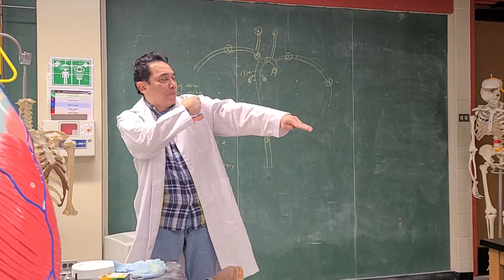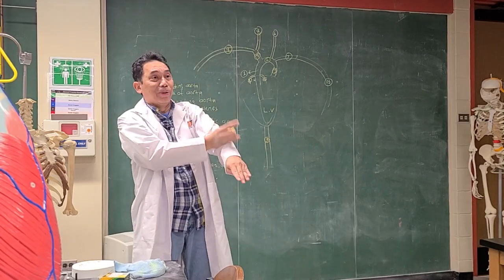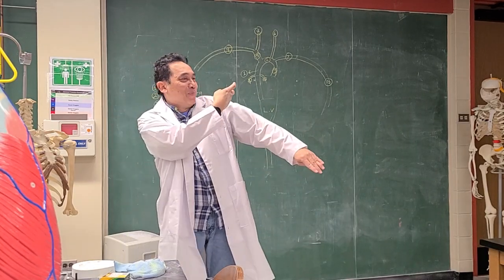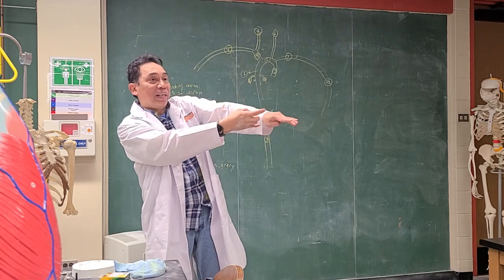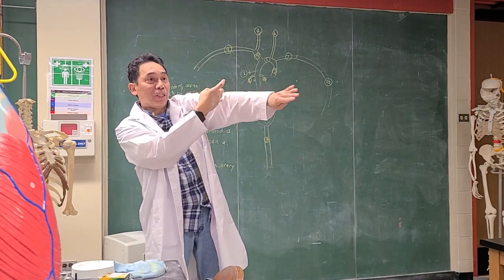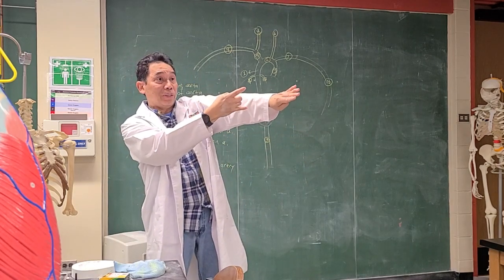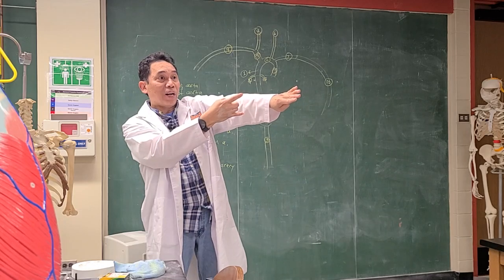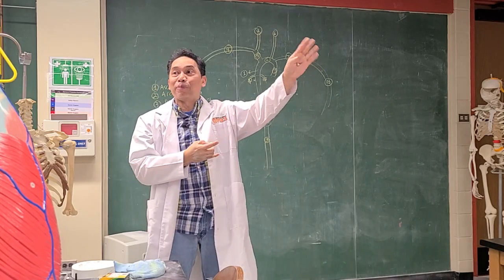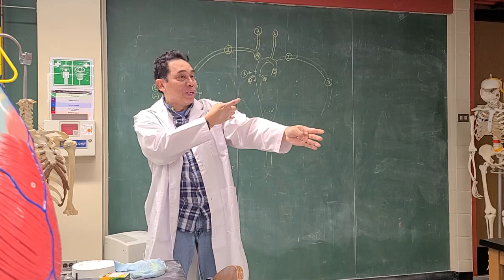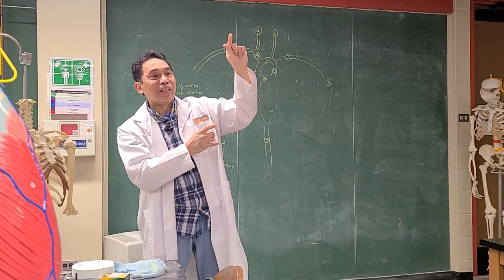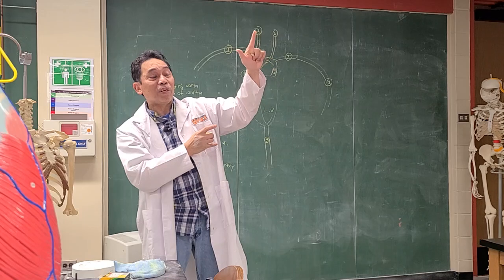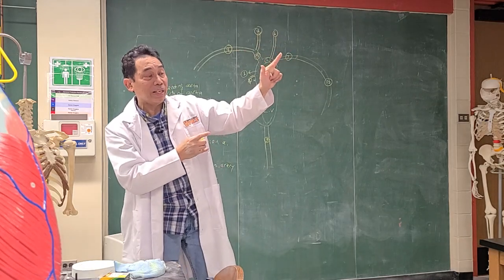Left brachial. Oh, I got yellow. Brachial artery, and then it will branch over here in the lower arm, because we have 2 bones in the lower arm. What are the 2 bones that we have? Anybody still remember? We have the humerus, and there are 2 bones over here. What is the name of the bones? The big one is the radius, the small one is the ulna. Right? Radius and ulna.